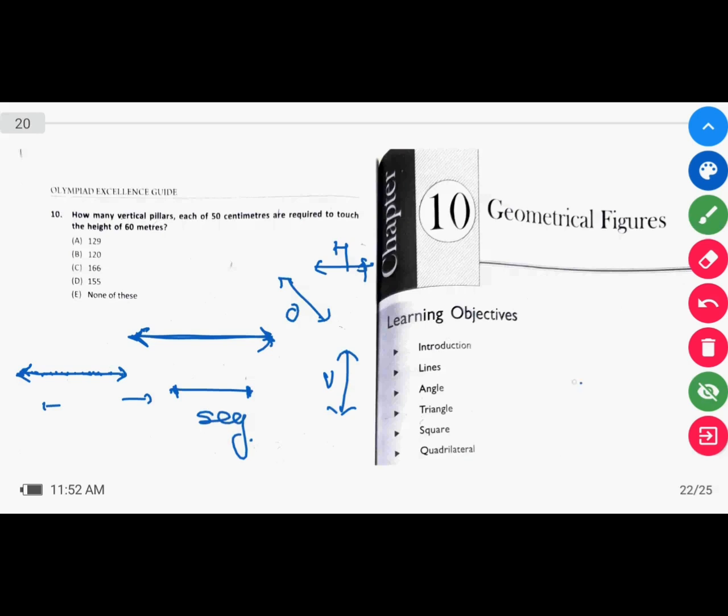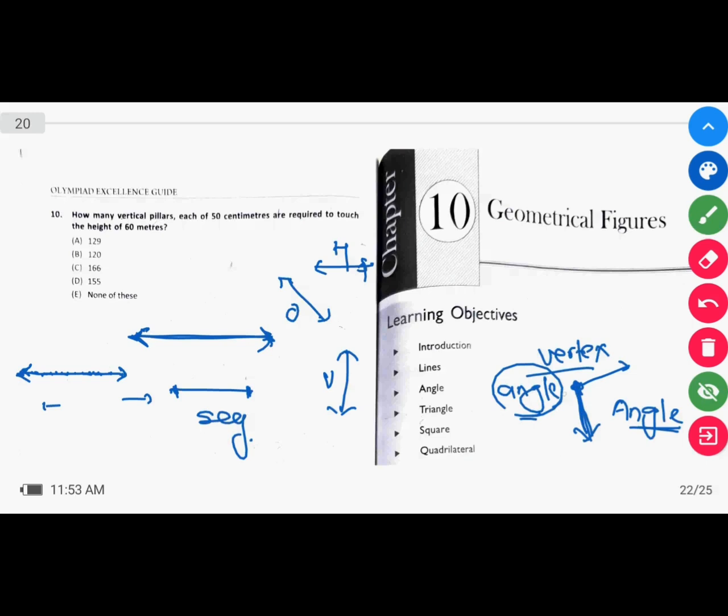Now when two lines, or we can say two rays, meet each other at one point or intersect each other at one point, they form an angle. Okay, this point of intersection is known as the vertex.